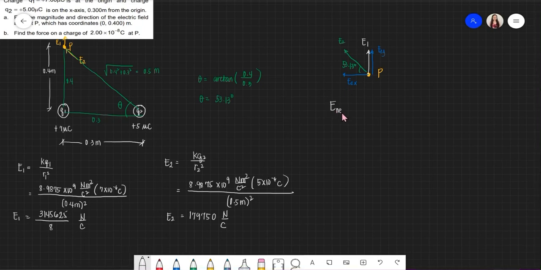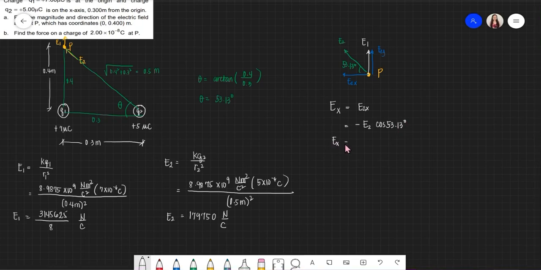So meaning for the net field, for the E net at point P, the horizontal component x is just negative E2x. And what is E2x? It's negative E2 cosine of 53.13 degrees.